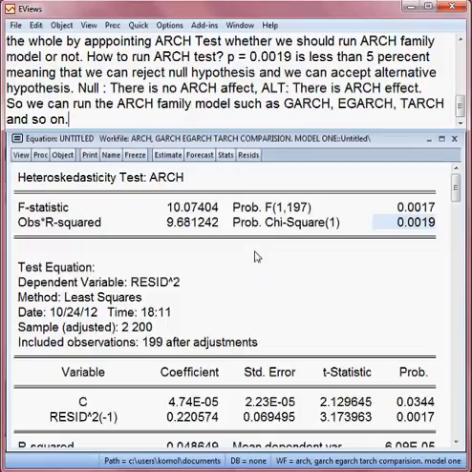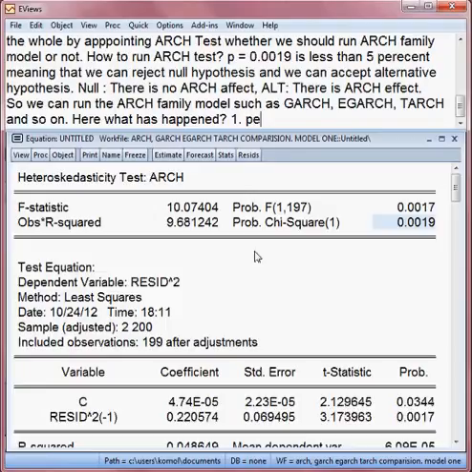Okay. So actually here, what has happened? Number one, periods of high volatility have been followed by periods of high volatility for a prolonged period.